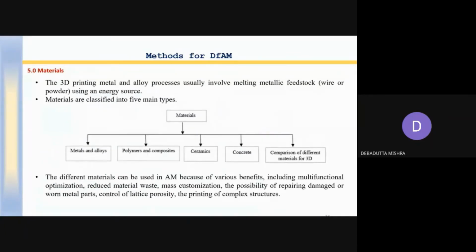Now, what are the different materials that are commonly used? We know that we use metals, polymers and plastics, composites, ceramics, concrete, and a comparison of different metals. Now, here, what is the design aspect? The design aspect is which material will be suitable for that particular part, which will be designed to have a particular performance or a particular function.